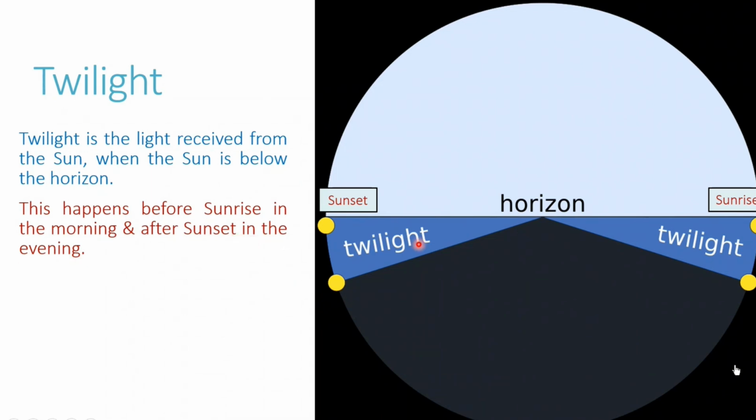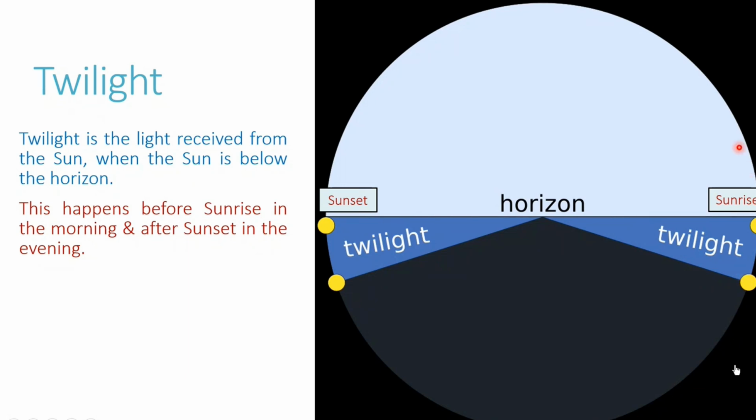As you can see in this diagram, the right side of the diagram represents the sunrise, and before sunrise, the dark blue color sector marked here on the right side of the diagram represents the period when we get the twilight.